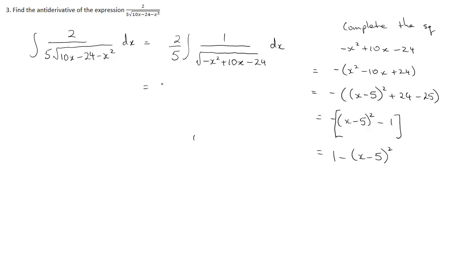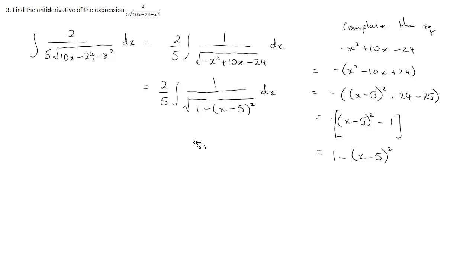Okay, so we get 2 on 5, one minus x minus 5 squared dx.